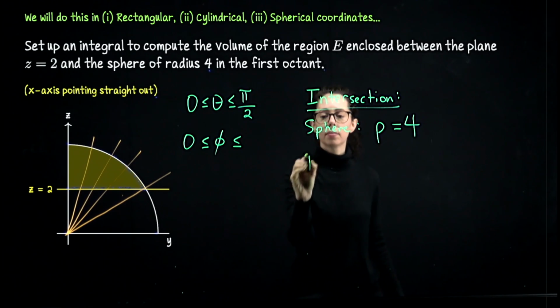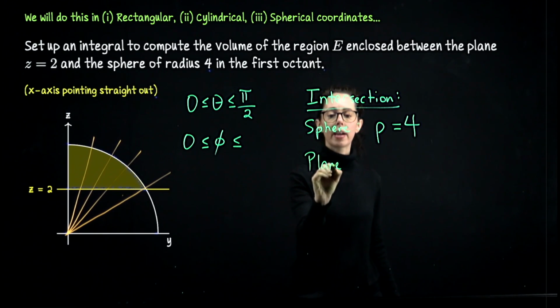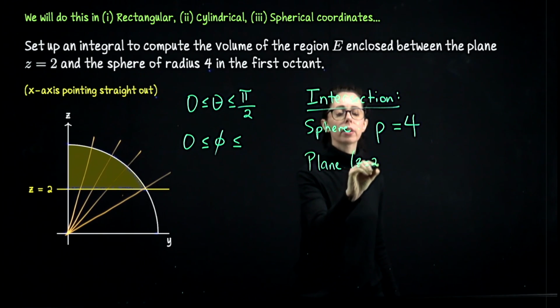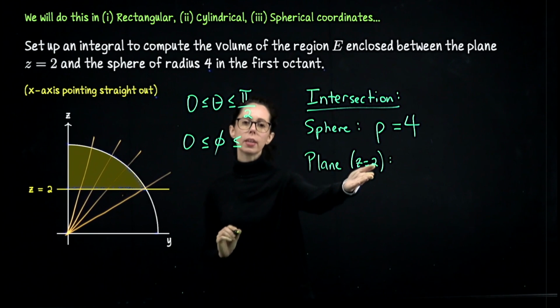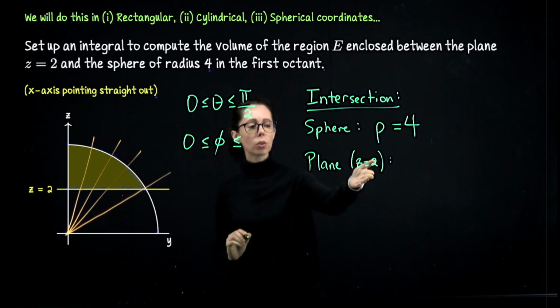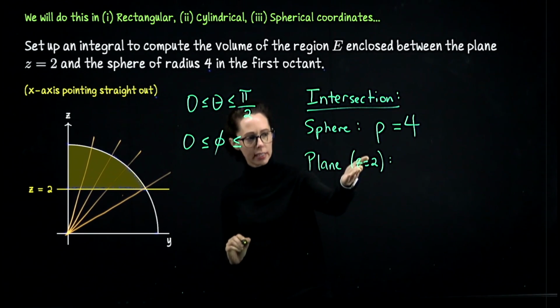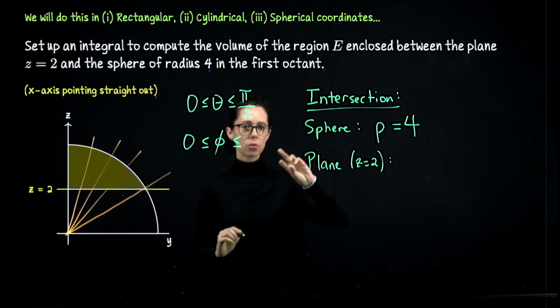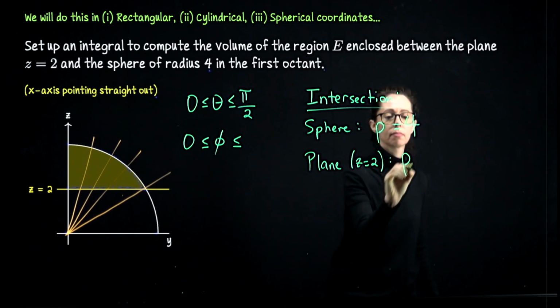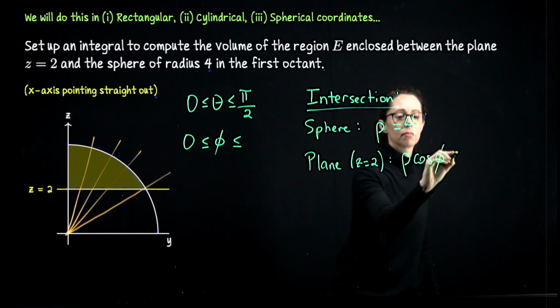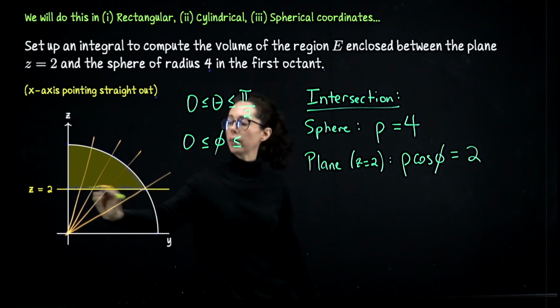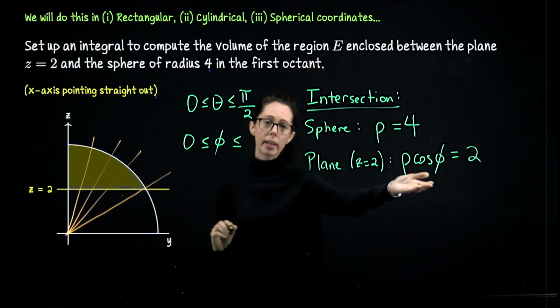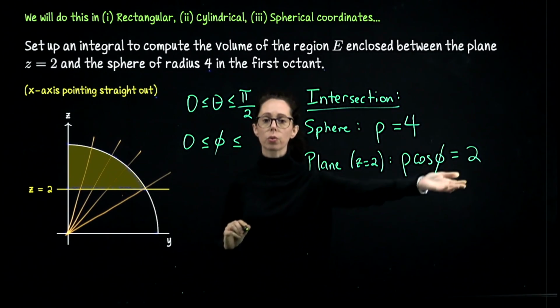The plane, let me write out here that we're looking at the plane we originally thought of as z equals 2. In spherical coordinates, this equation will just need z converted. So z in spherical coordinates is rho cosine phi. So this plane right here, z equals 2, in spherical coordinates can be represented as rho cosine phi equals 2.